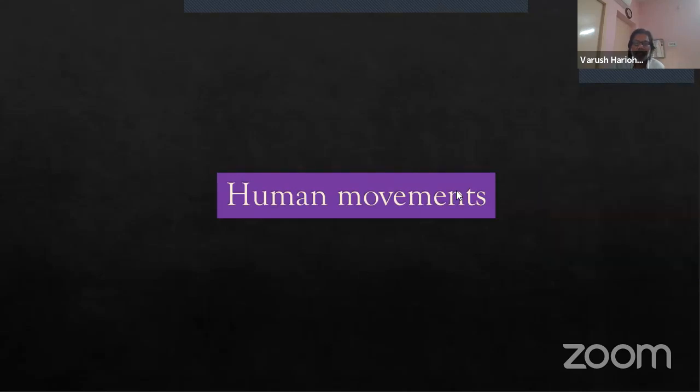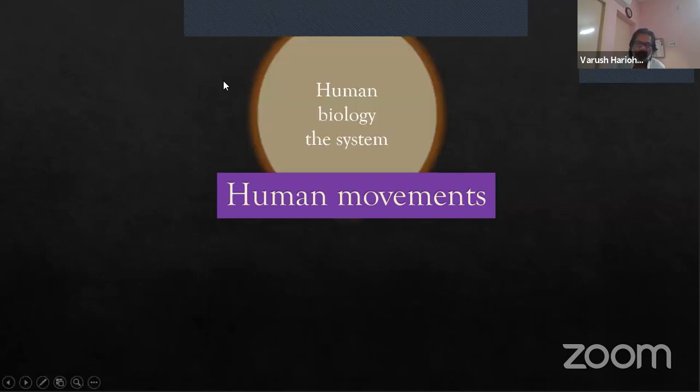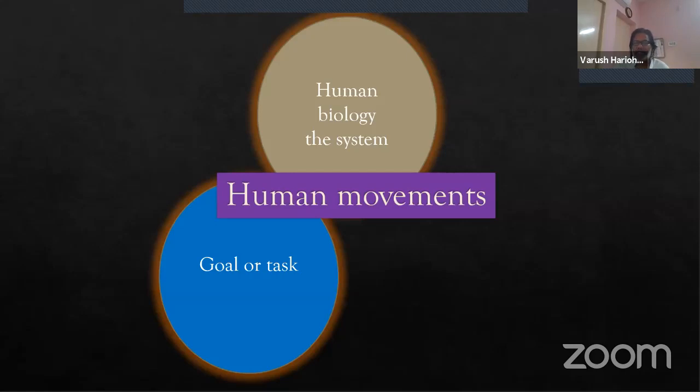Anyway, we think that human movements are influenced first by the biology. If you don't have the biology or the system, you can't move, right? There is no question about it. What I mean here by the system is your brain, your muscles, your nerves, everything. The whole biology is very, very important. And whatever task you are doing is what influences your movements.